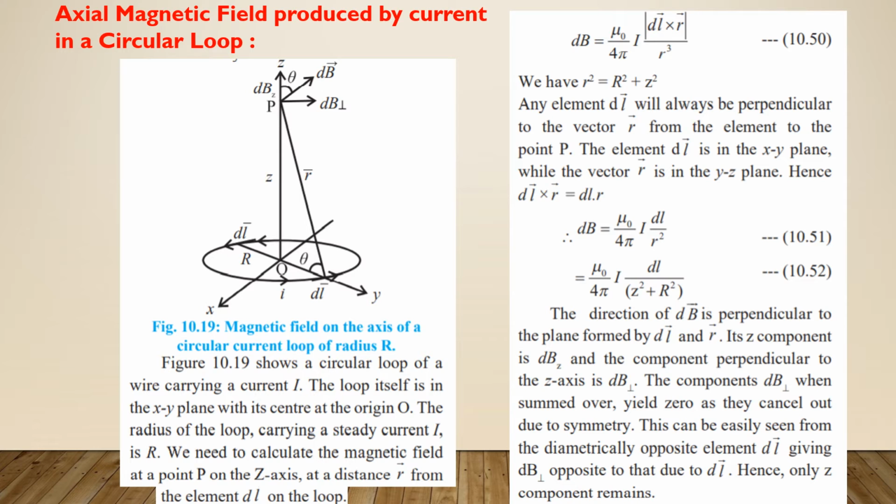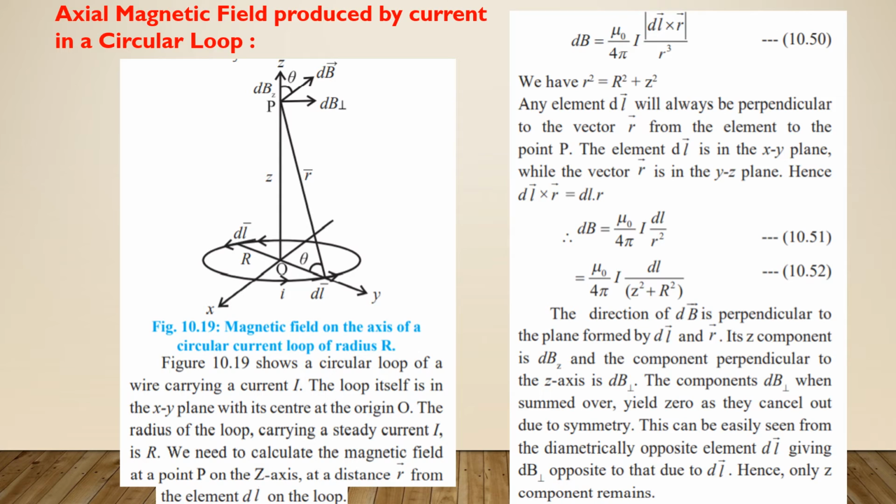For every element dl bar of the loop, there is a diametrically opposite counter element dl bar which will also contribute the same magnitude of magnetic induction, but its direction will be such that its component perpendicular to the z-axis will be exactly opposite to the previous one, whereas its component along z-axis will add up.